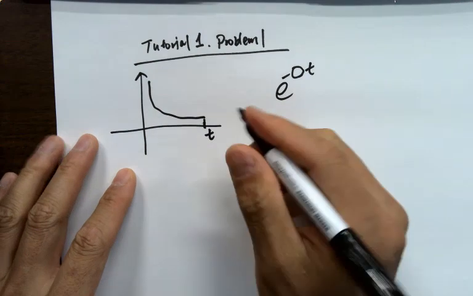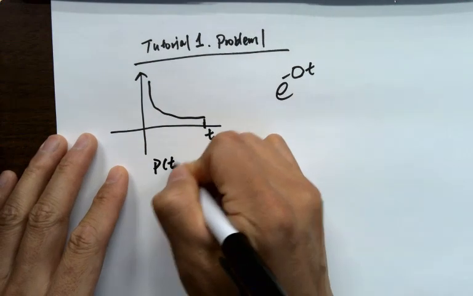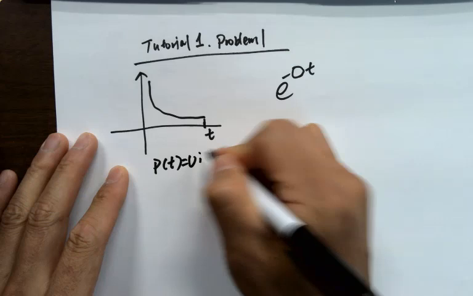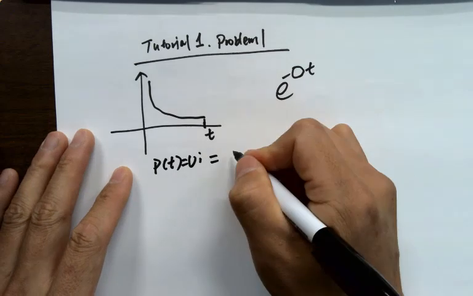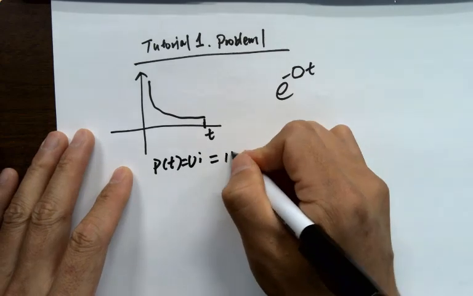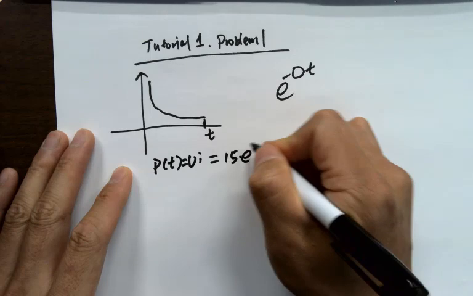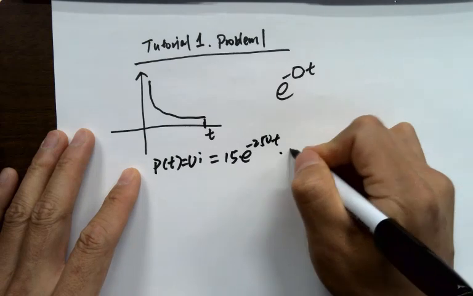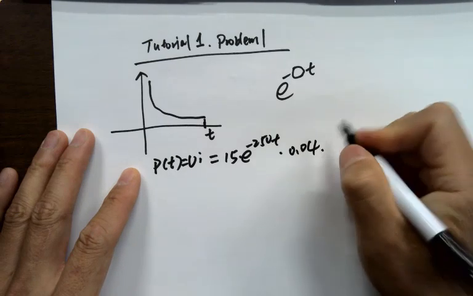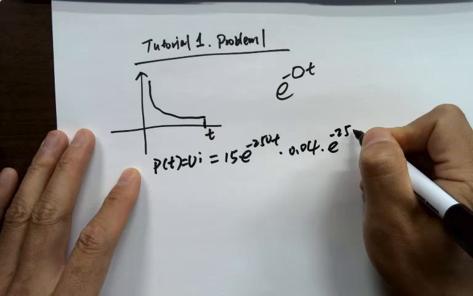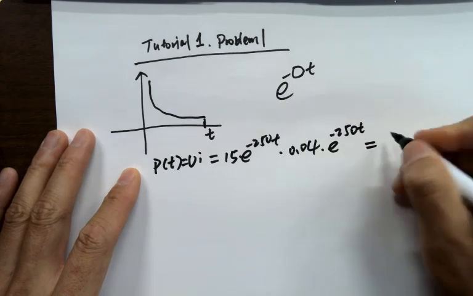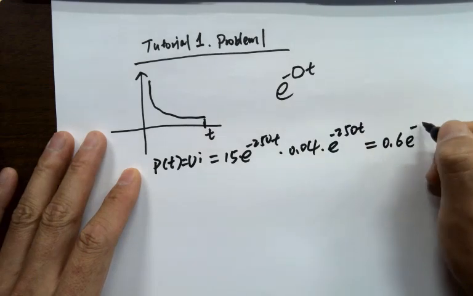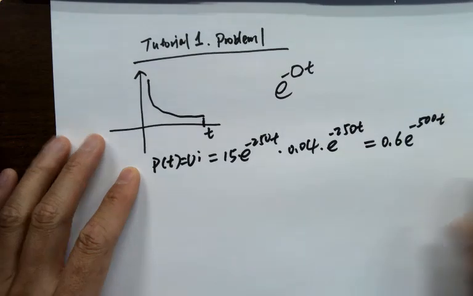So for problem 1, P(t) is V times I, which is 15 times e^(-250t) times 0.04 times e^(-250t) as well, and eventually we get 0.6 e^(-500t).